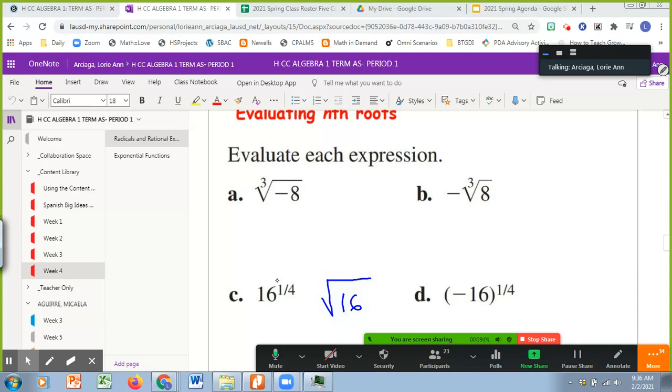So think of the burger in and out. So inside goes 1, outside goes 4. Does that make sense? So that's how you're going to type it in your calculator. You're going to get the fourth root. If it's a 1, it doesn't actually make any change. So in your calculator, you're going to get the fourth root of 16.